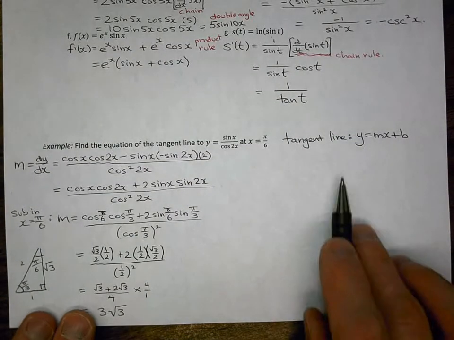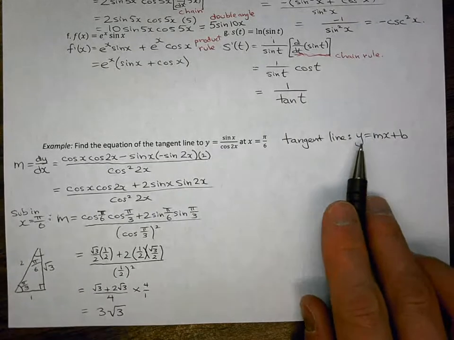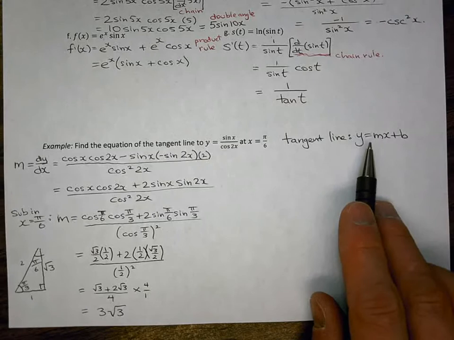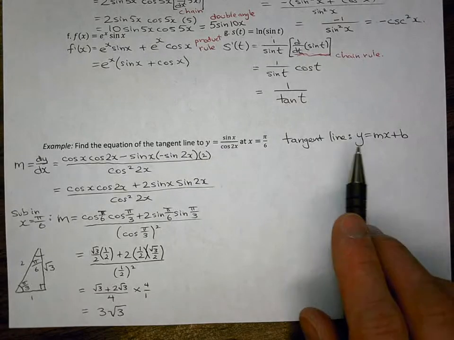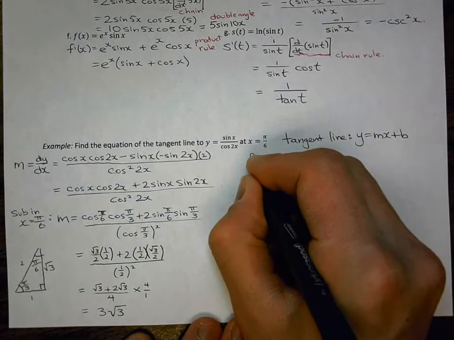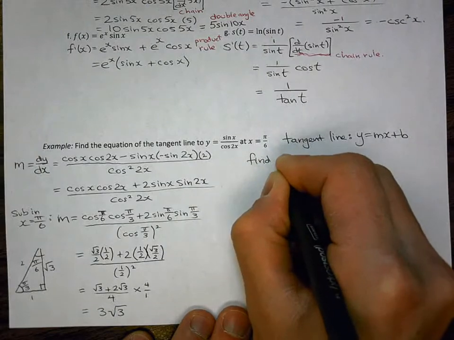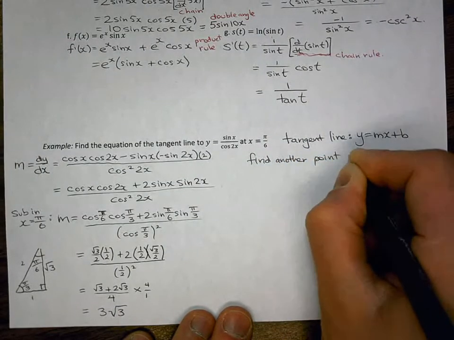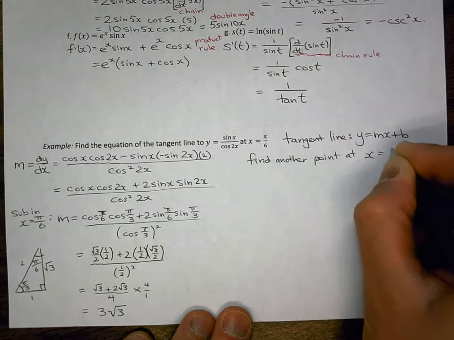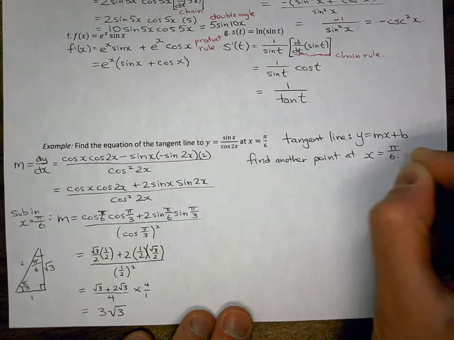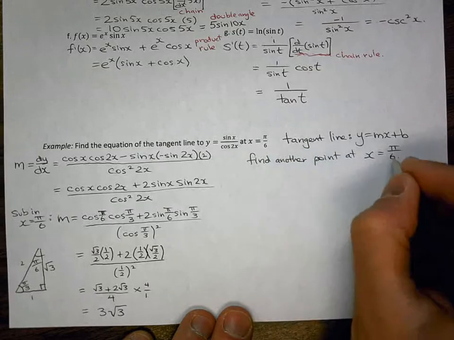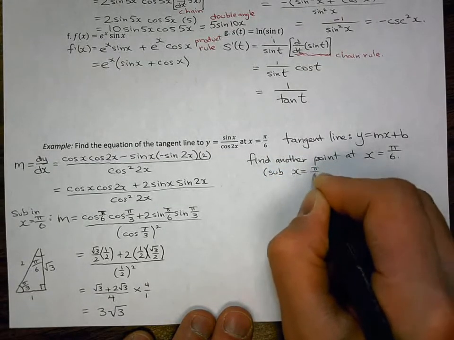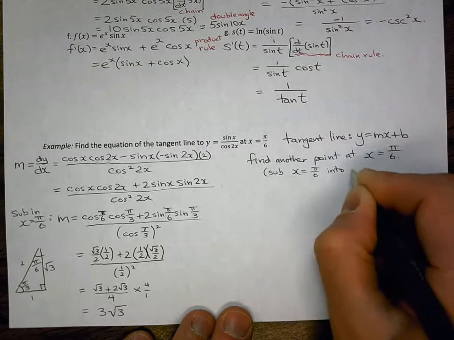Now remember, I'm trying to find my tangent line, so now I have a slope. I need my y-intercept. A way to do that is I need to find another point. So I'm going to find another point at x equals pi by 6. That is, I'm going to sub x equals pi by 6 into y.